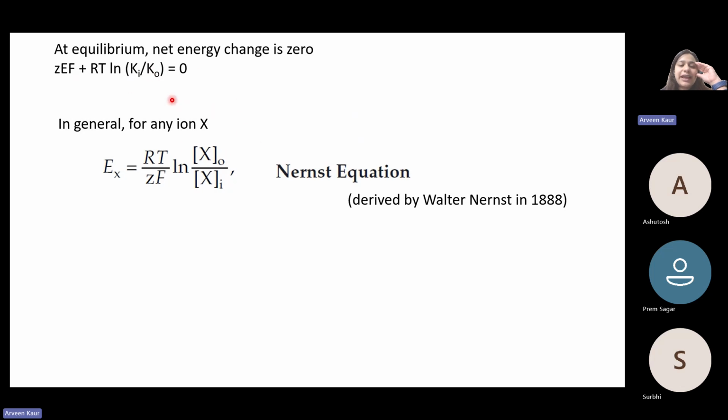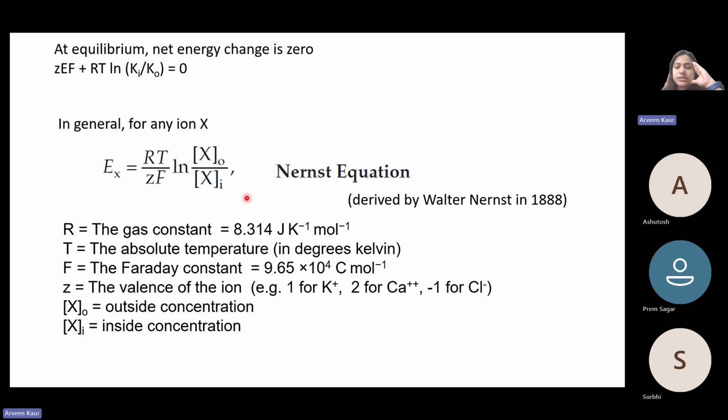For any ion X, the Nernst equation, which was derived by Walter Nernst in 1888, is: Ex, the equilibrium potential for this particular ion X, is equal to RT by ZF into natural log of Xo by Xi, right? So this was the equation that was derived.